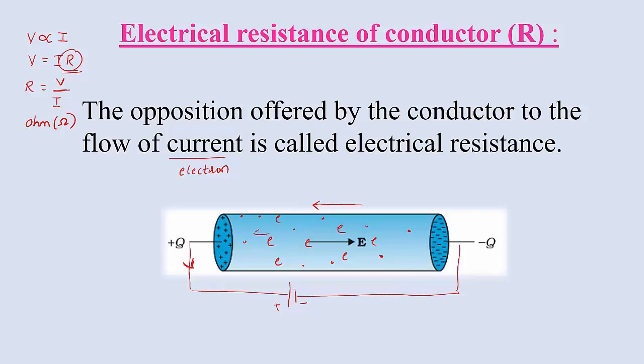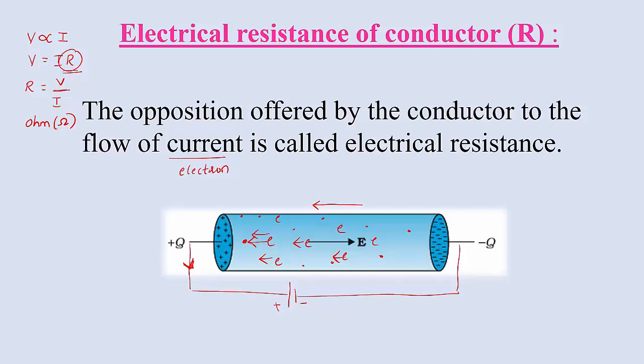So all the free electrons are moving with a certain velocity towards the positive terminal of the battery. When they start to move with a certain velocity, these electrons will collide with the fixed ions of the conductor. When they collide, velocity decreases. That indicates opposition is offered by the fixed ions of the conductor to the flow of electrons. So this opposition we are going to call resistance.